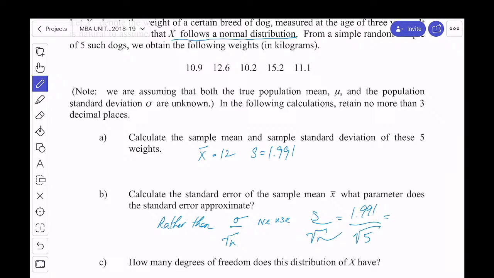This is the standard error because we're using an estimate inside of the estimator. So this represents the standard deviation of x bar.